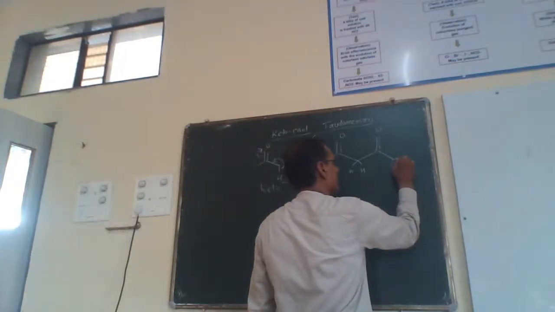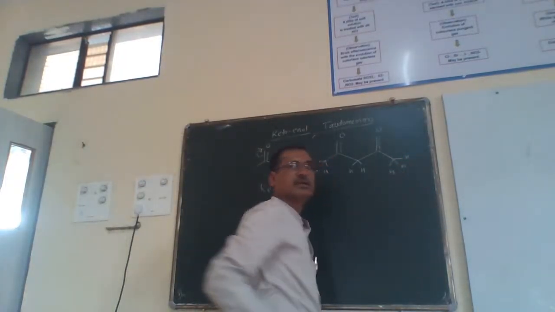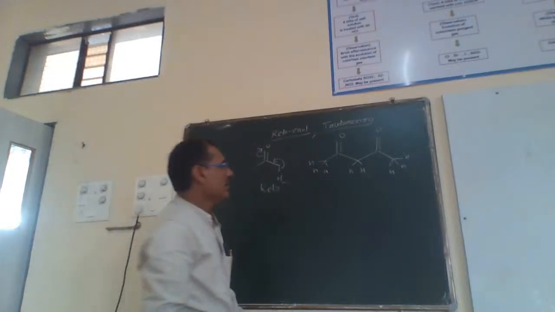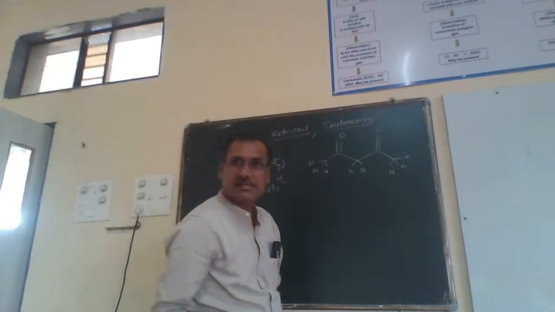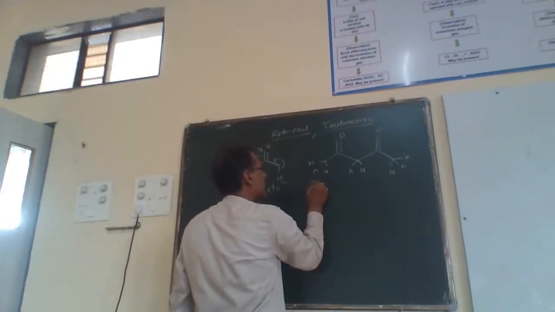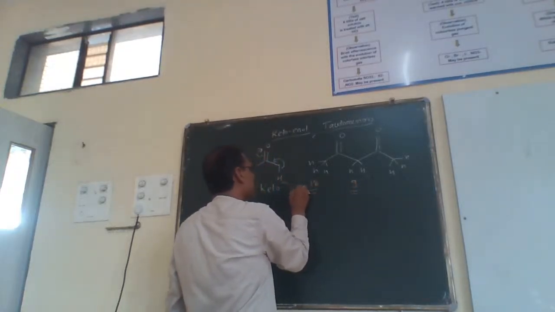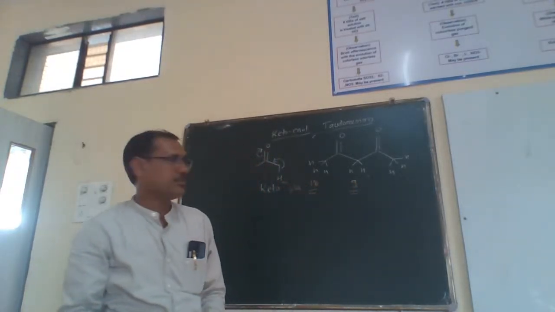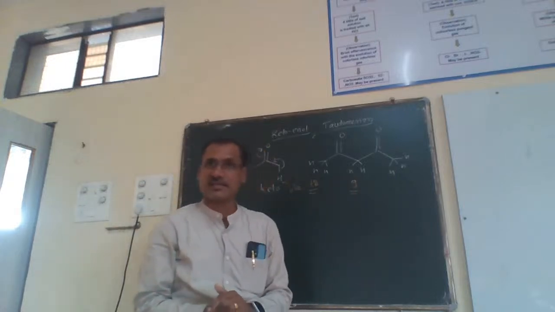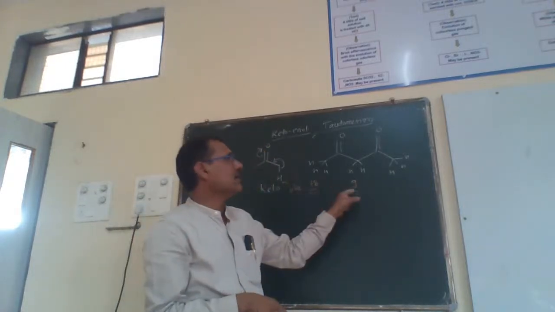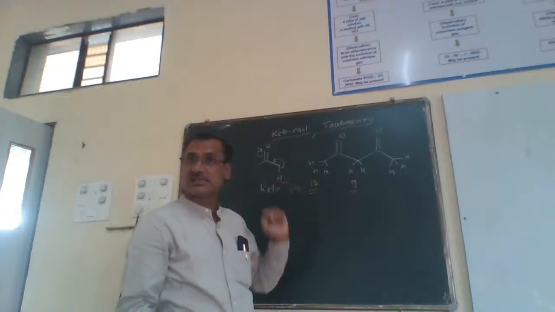Again 3 alpha hydrogens here, right? If you compare the pKa of this, the pKa of this will be in the range of 18, whereas for this hydrogen the pKa would be 9. That means this is much more acidic, 10 to the power 9 times more acidic than this.